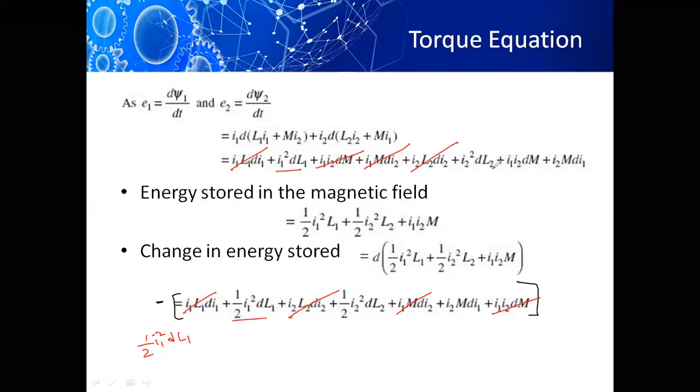I2 square dL2 and half I2 square dL2, so I will be left with half I2 square dL2. So this term is also over. I1 I2 dM will be there as it is, and I2 M dI1, I2 M dI1 cancel. So these are the terms which are left out, and let us check the same will be there.